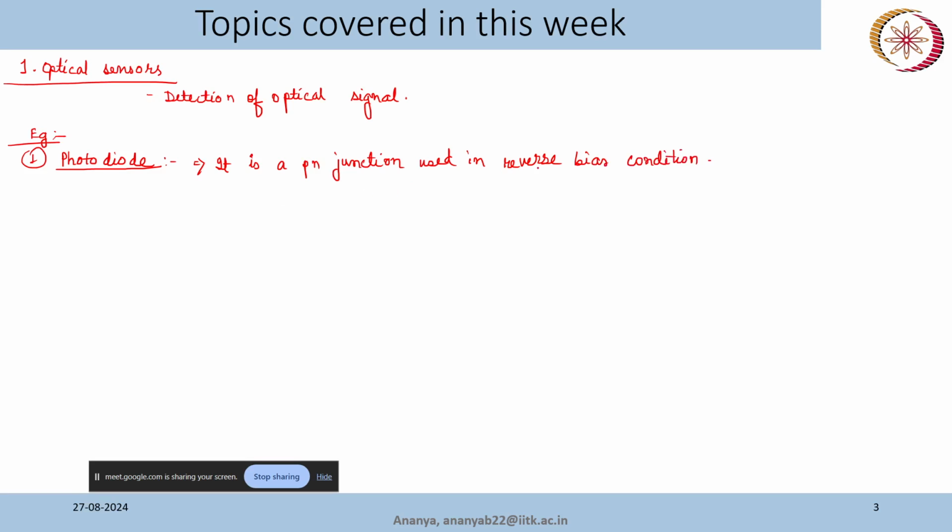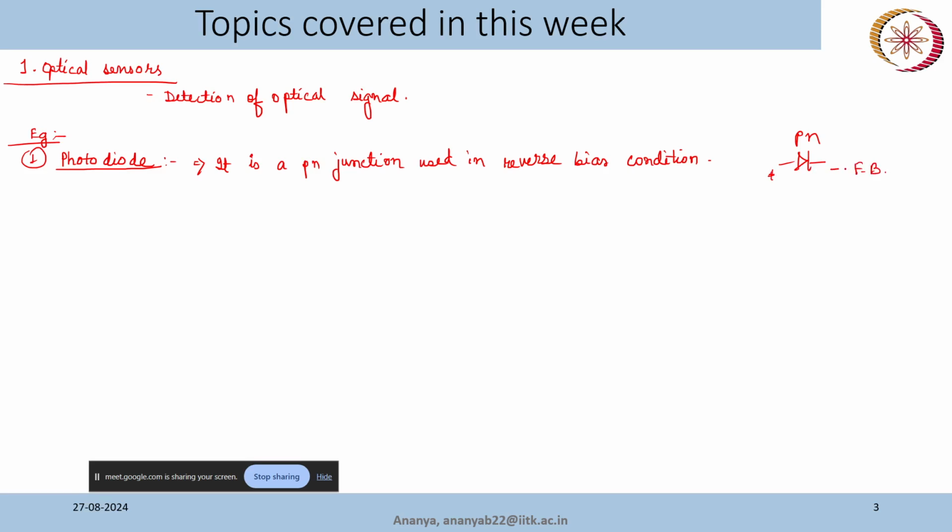Now why is it used in reverse bias condition? Because when a PN junction is used in forward bias, that means when this is P, this is N, and the P side is connected to the positive and the N side is connected to the negative terminal of the applied bias, it is forward bias.